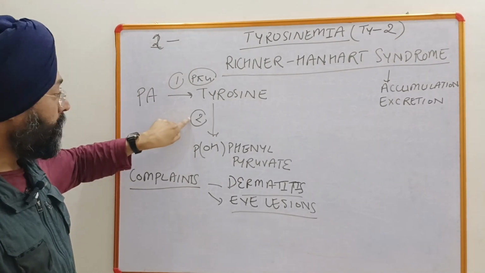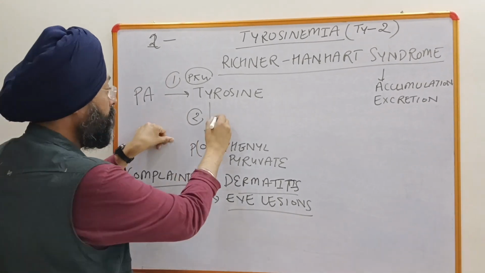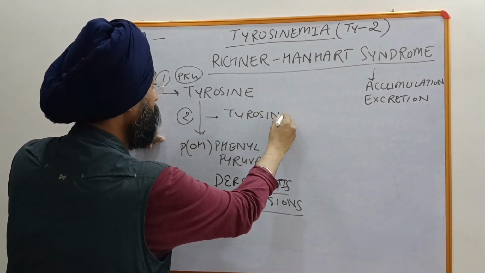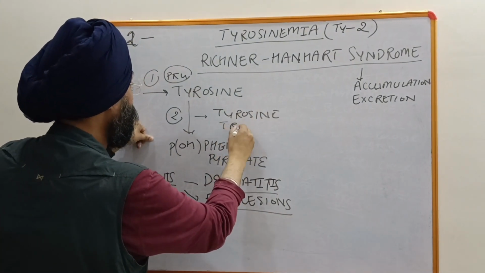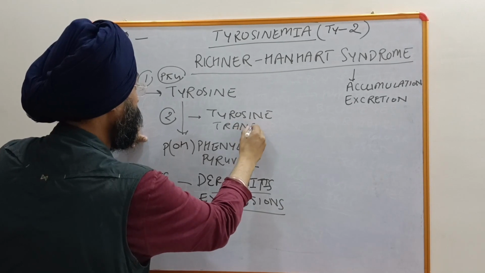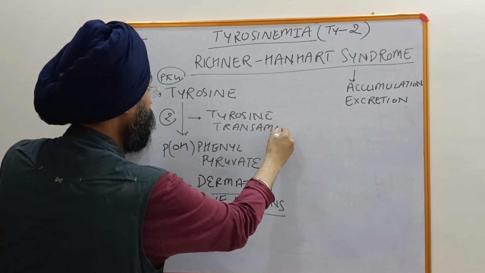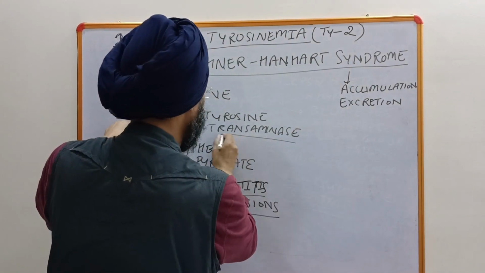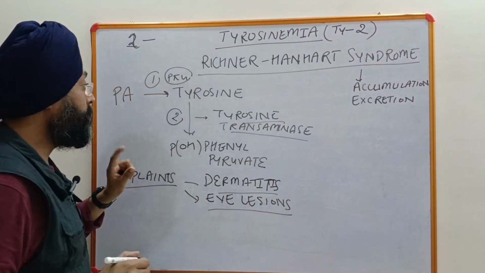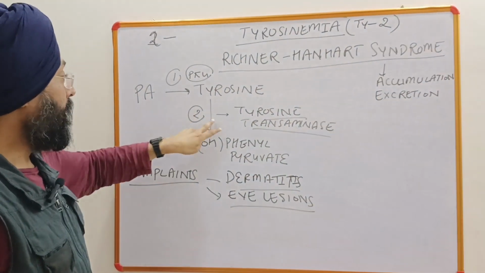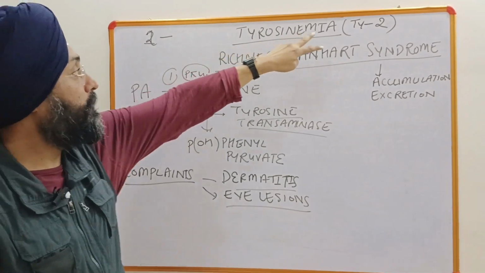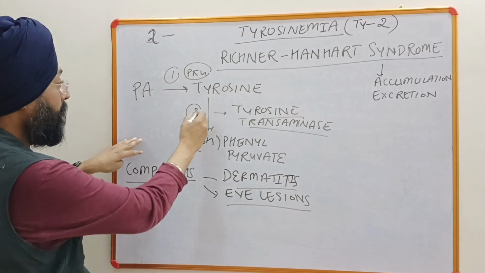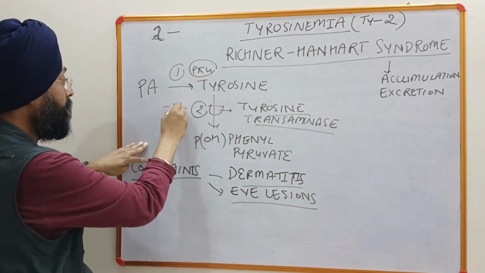Now this is the second enzyme that is tyrosine transaminase, right? So the second enzyme is there. So the disorder name is tyrosinemia type 2, right? There is blockage here, right?